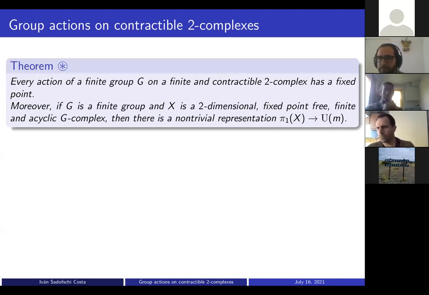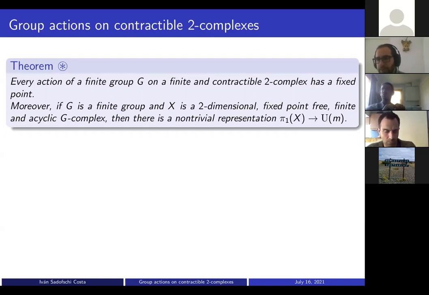One question, Ivan. So the non-finite case, is it believed to be true, or are there any results? I think that it is believed to be true, yes. With geometric hypotheses on the space, it holds. For example, if the space is CAT(0) or collapsible.